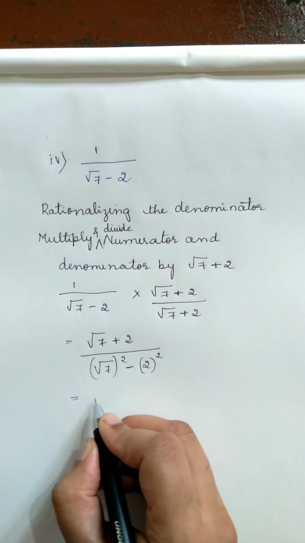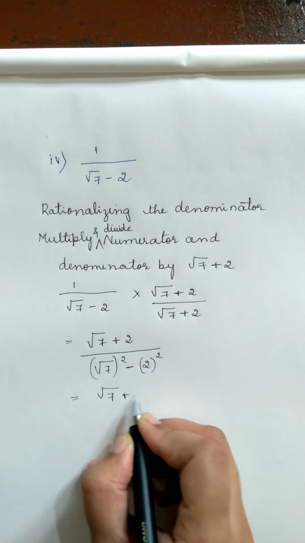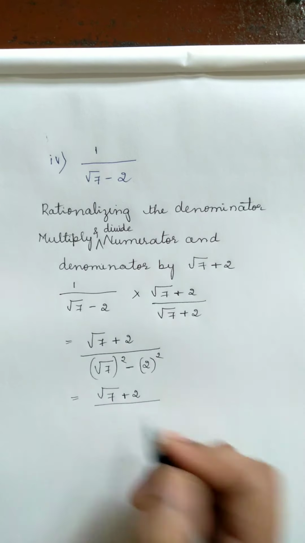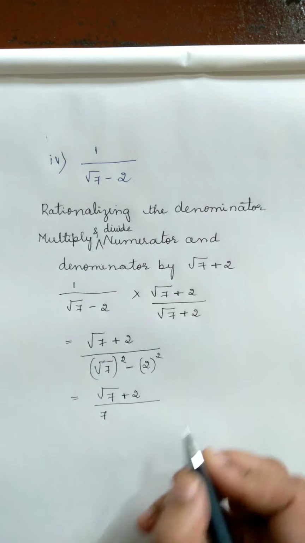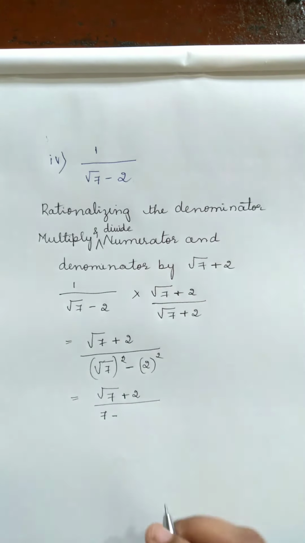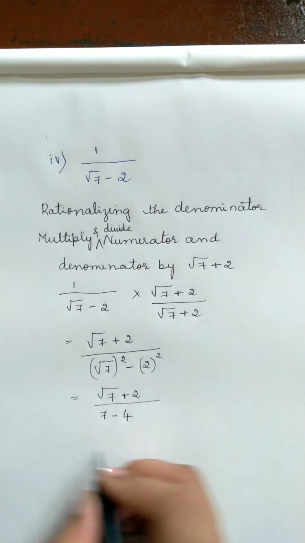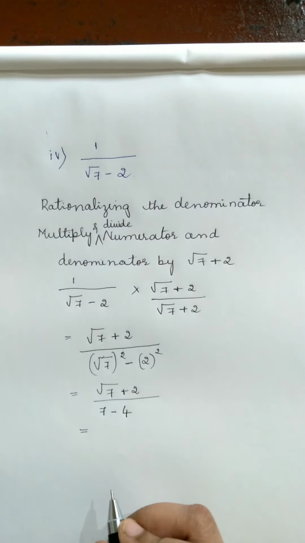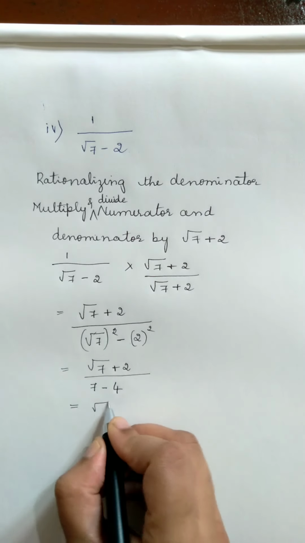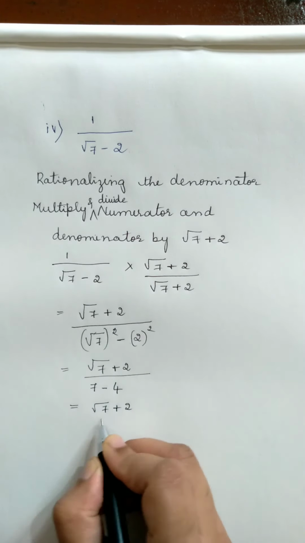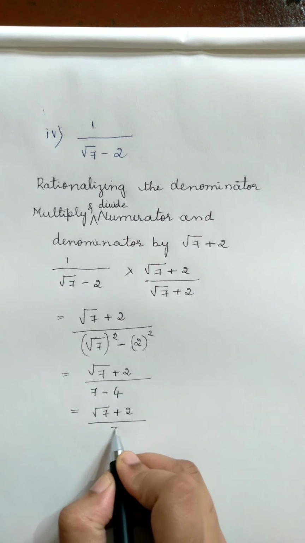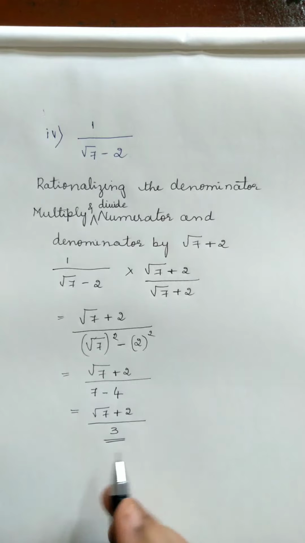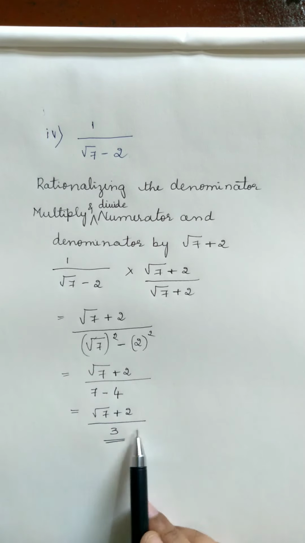Therefore, in the next step, root 7 plus 2 by, the square root and the square cancel. The remaining is 7 minus 2 square. 2 2s are 4. Therefore, in the next step, we have root 7 plus 2 by 7 minus 4. It will be 3. Therefore, the answer is root 7 plus 2 by 3.